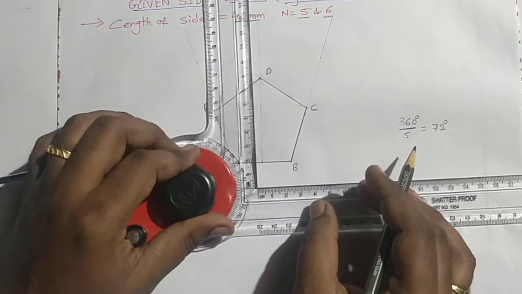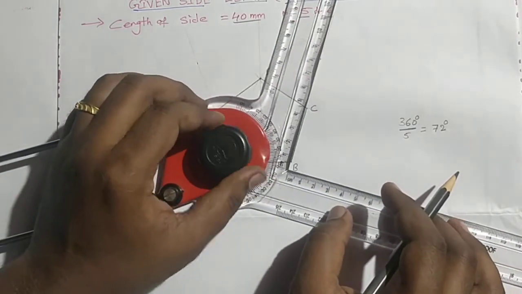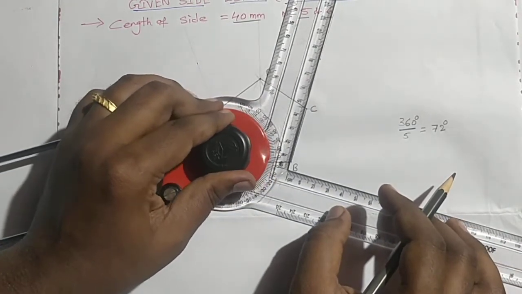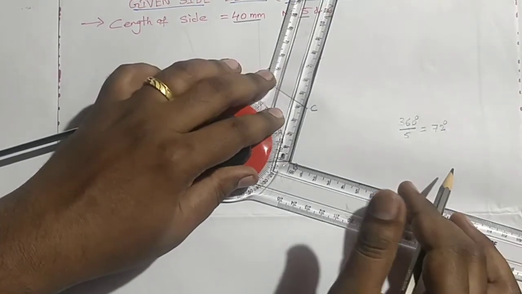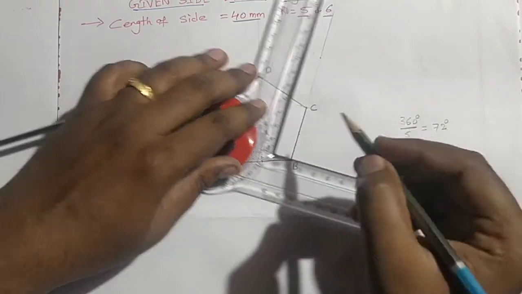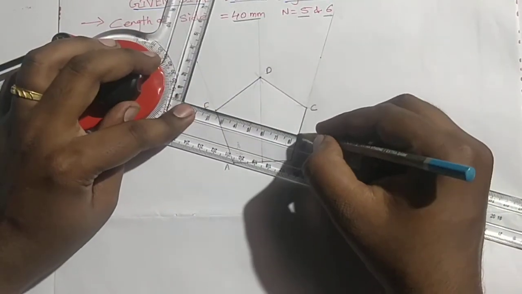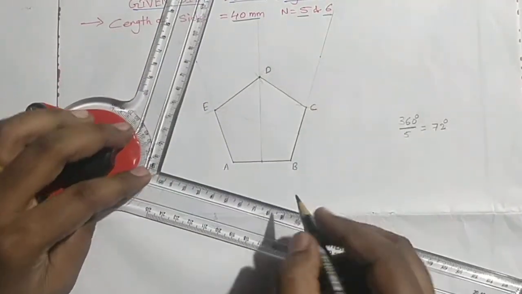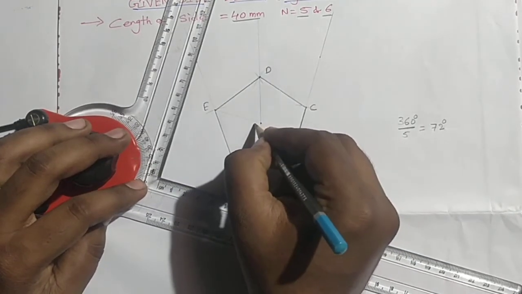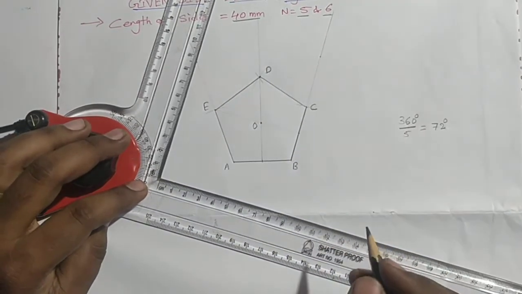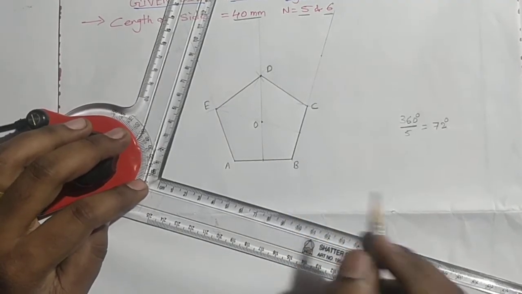In a similar way, draw another line. Take length BC and locate the midpoint of BC. Next, join this midpoint to the opposite corner. These two lines intersect at one point. It is the midpoint or center of this pentagon.